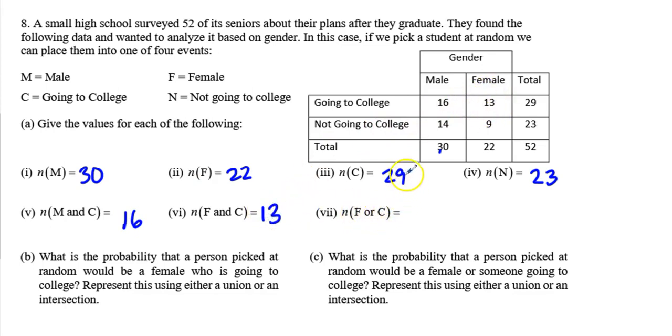Female or college, well, we've got to do all the females, which is your 22, all the college, which is 29, but then take out the ones you've double counted. Those 13 females that are going to college, you've already counted, take them out. So that last thing should be a minus 13. Okay, so that all works out to be 38. Now that we understand the structure of the two-way table, that will help us in the above problem.